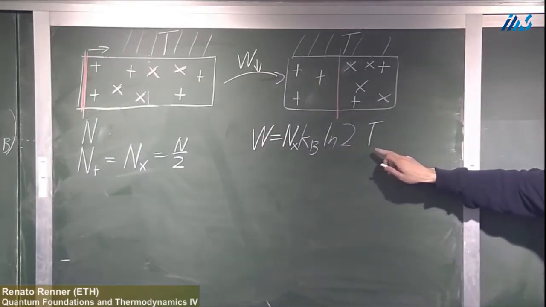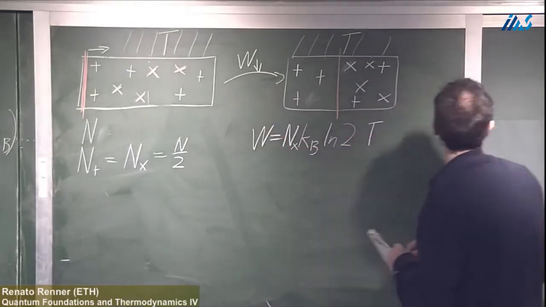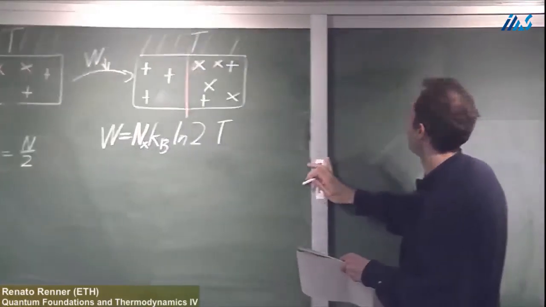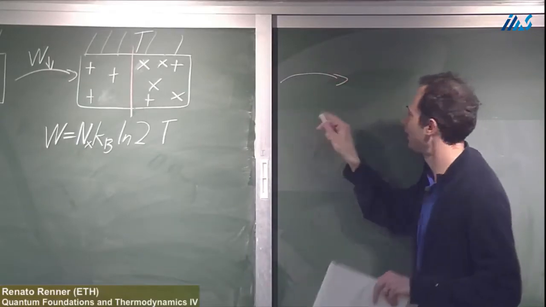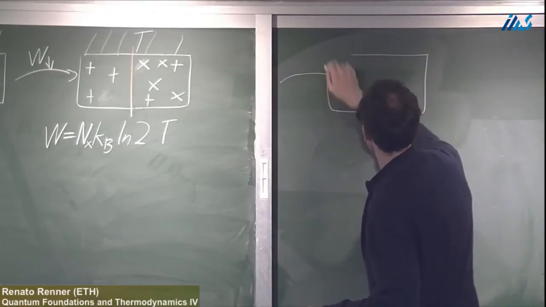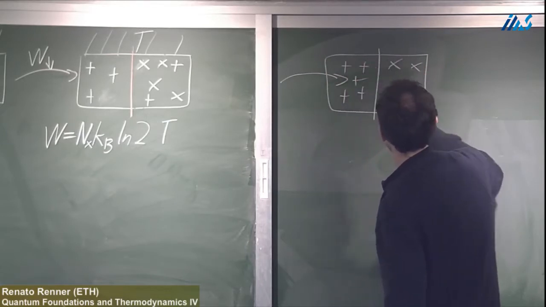So this is the amount of work I need to go from here to here. Now I could, of course, also go a little bit further and do the same thing again with a different membrane that I put in from the right, so that at the end I end up with all plus particles being here and all times particles being here.